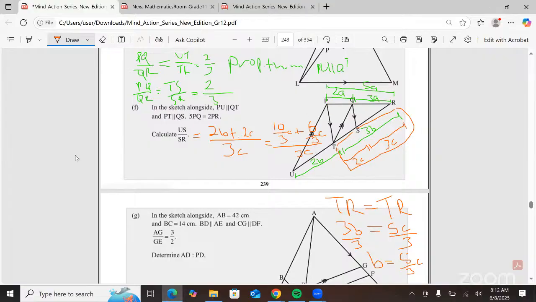My numerator gives me 16C over 3, and then everything over 3C gives 16C over 9C. Therefore the Cs cancel out and I am left with 16 over 9. Then you are done. Does this make sense to everyone, guys?